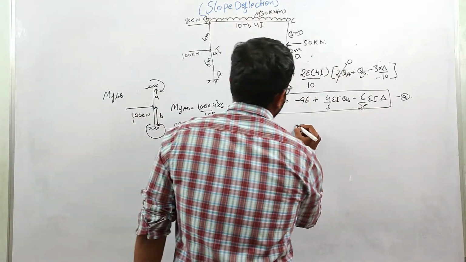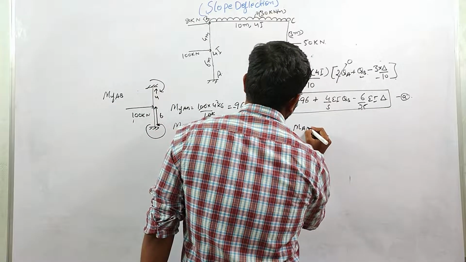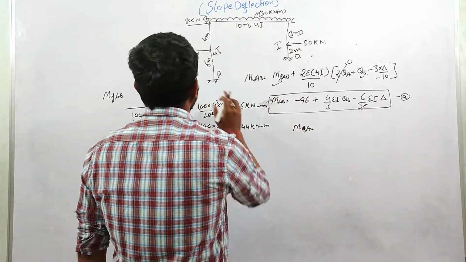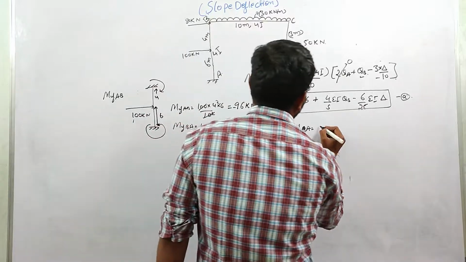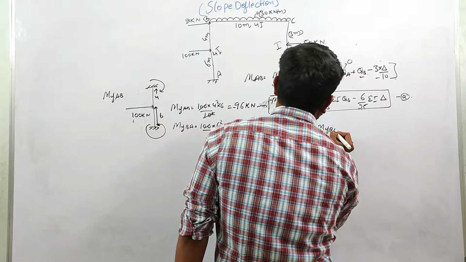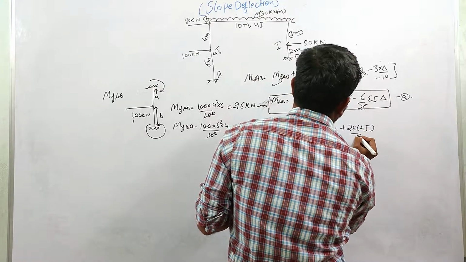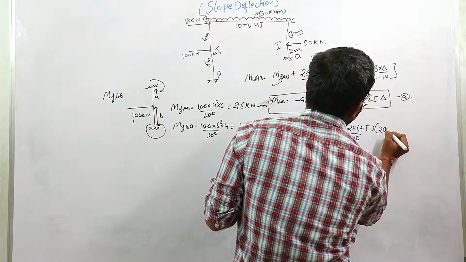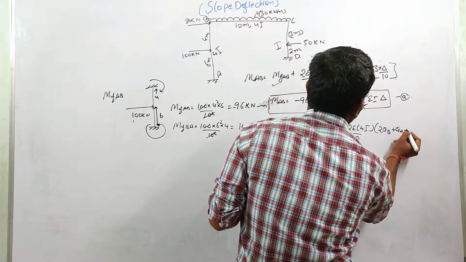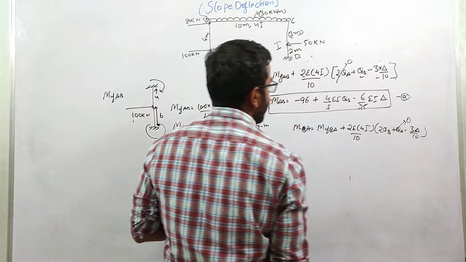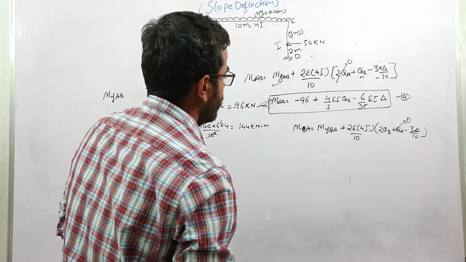So if I write the equation for MBA, the moment at this point BA is nothing but MFBA plus 2EI by L, that is 4I over 10, twice theta B plus theta A minus 3 delta by 10. So this term is 0 basically, right?